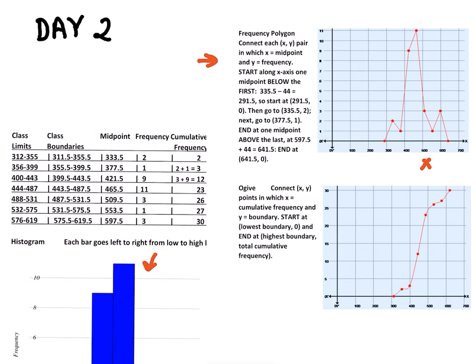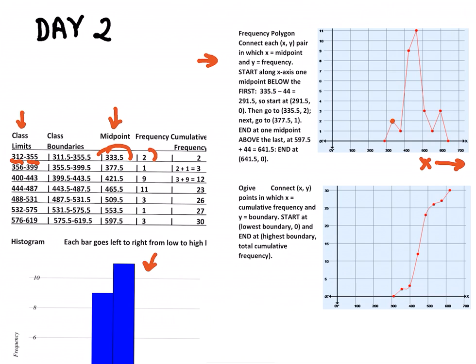Along the x-axis, we are relying on the midpoint of each class. Halfway between 312 and 355 in our first class is this midpoint right here, 335.5. So that becomes this point right here.